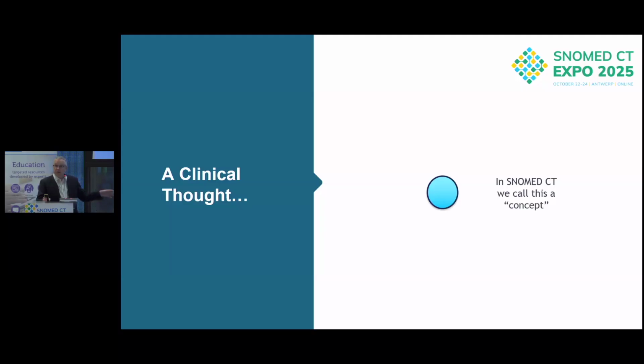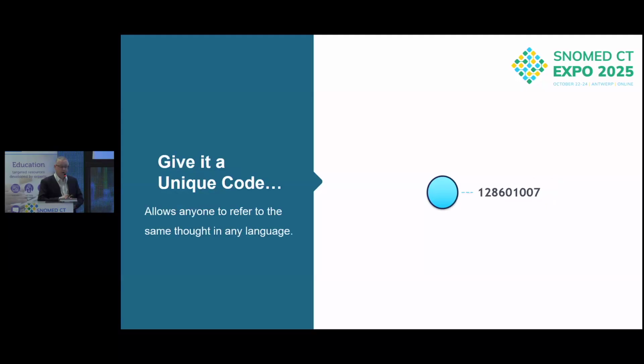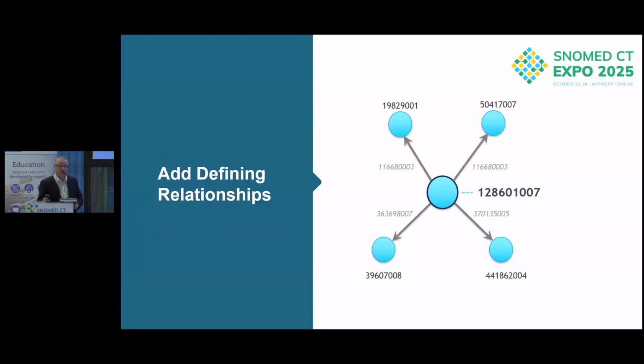We may have different ways of saying it, but that bag is a concept. And to that concept, we add a code. So it's just a code to a concept. But then we want to give that concept meaning, so that concept has relationships to other concepts. And they each have a code.